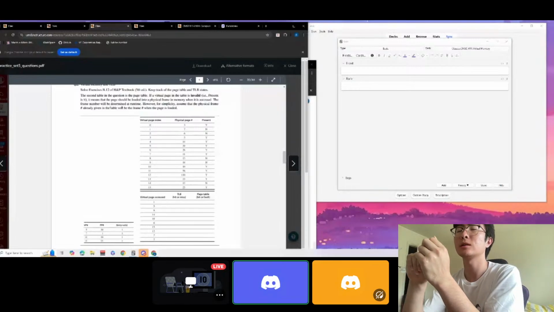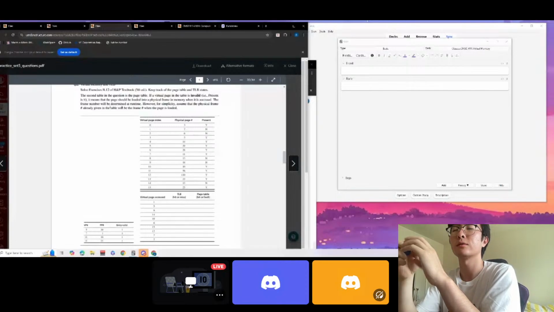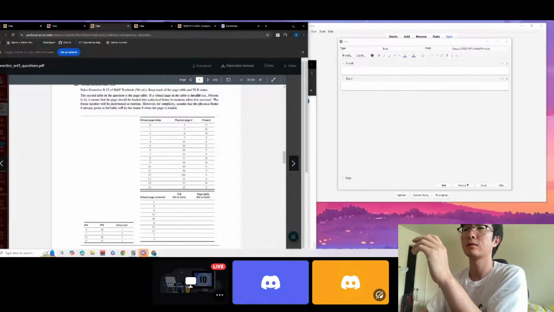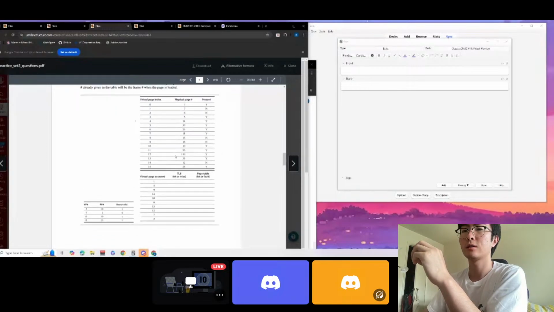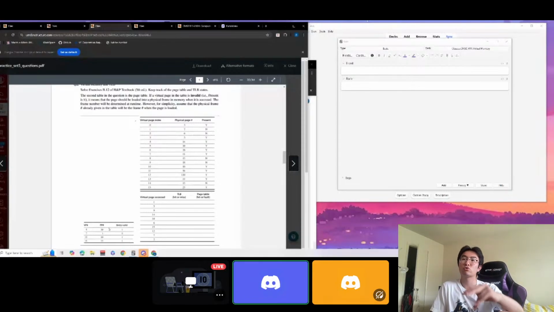However, for simplicity, assume that the physical frame number is already given, that the physical frame is loaded. Okay. I guess that's the same here. Okay. Page table, hit or false. Yeah, I wonder what this is.